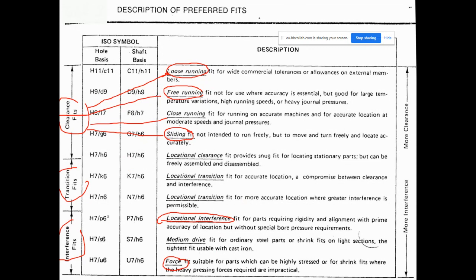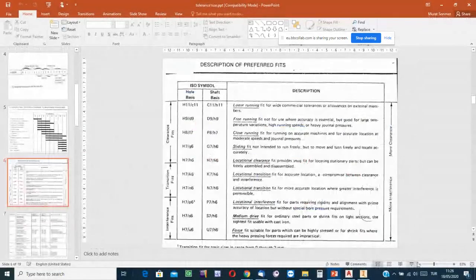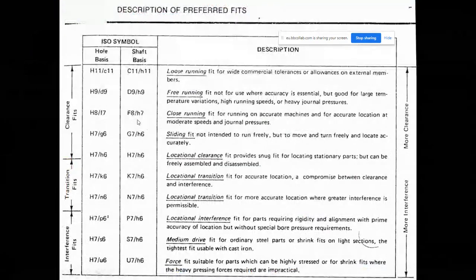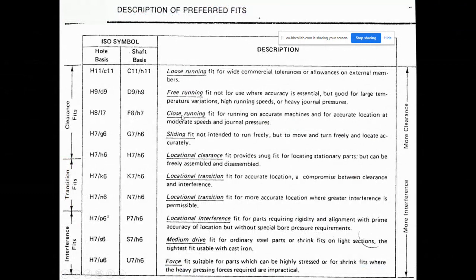If it is free running fit, then from this part of the table, under the hole basis column, along the hole basis column, H8, F7. These are the recommended tolerance grades. I'll clear the slide and then do it again.